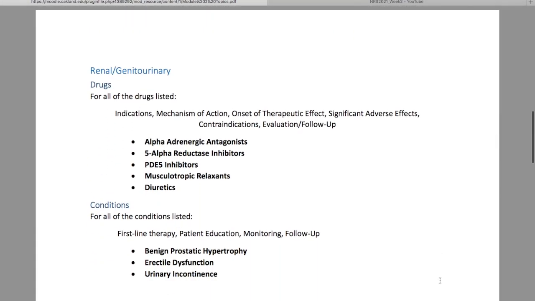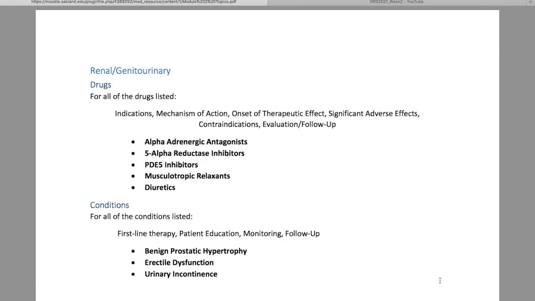So that's cardiovascular. For renal genitourinary, the drugs are alpha-adrenergic antagonists, 5-alpha reductase inhibitors, PDE5 inhibitors, musculotropic relaxants, and diuretics. Now, diuretics are used in the treatment of chronic kidney disease and some other renal things. They're also used in the treatment of hypertension.